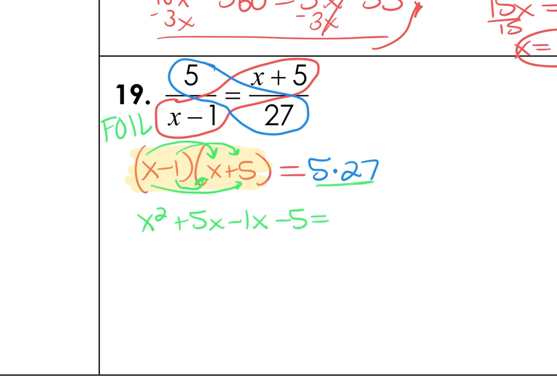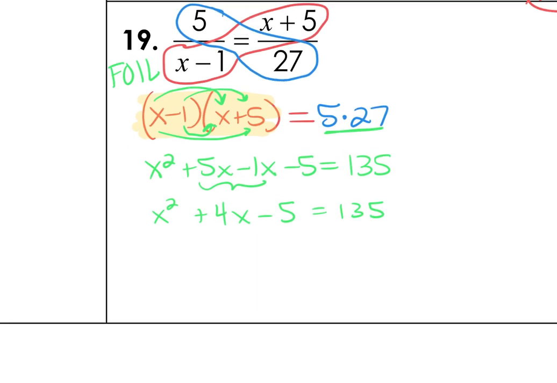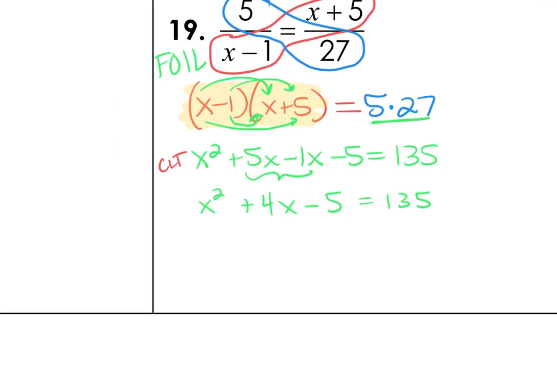I'm going to go ahead and multiply 5 times 27. That gets me 135. Okay, right in the middle, 5x minus 1x is 4x. So I combine like terms right here. Okay, next, this is a lot of algebra review right here.